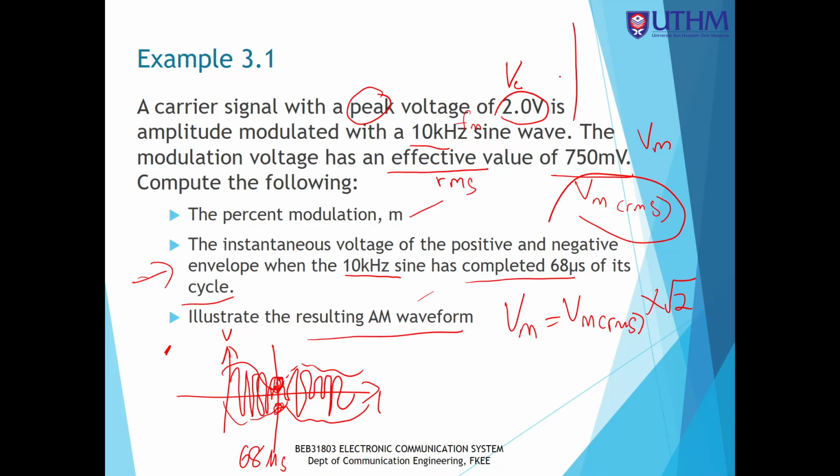So if you draw the picture, if the value is RMS, it is slightly less than the peak. The peak is over here and the RMS is over here. So when you want to find the peak value, you need to multiply it with square root of 2. So V peak is equal to VRMS multiplied with square root of 2. Therefore you get the peak value. Right. Thank you, Doctor.